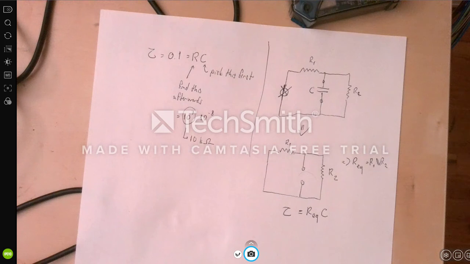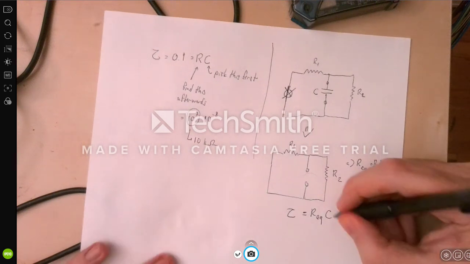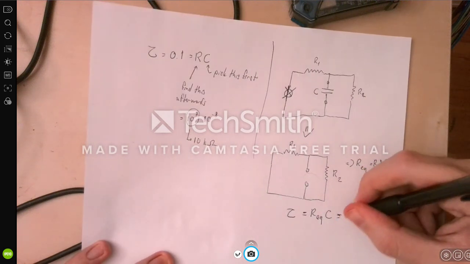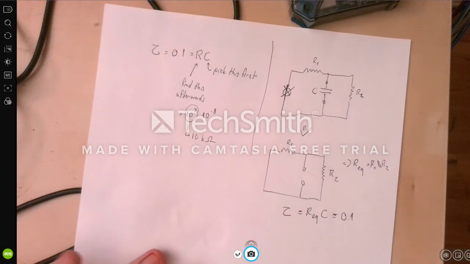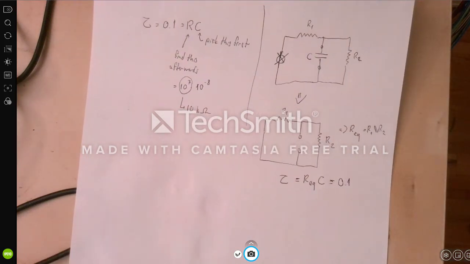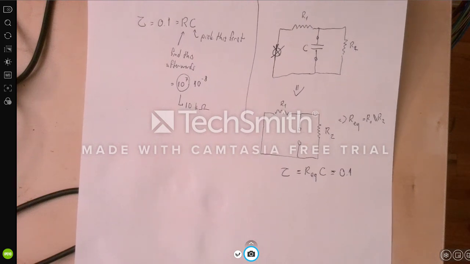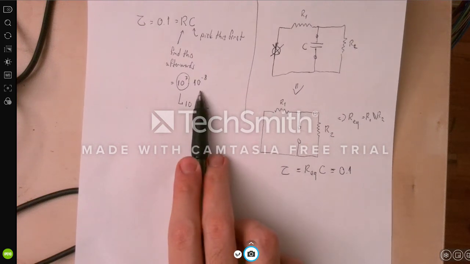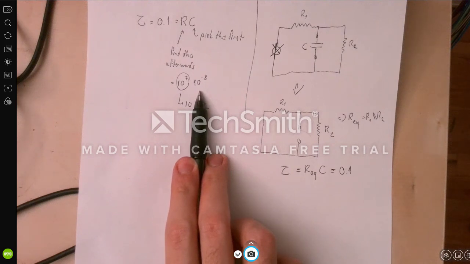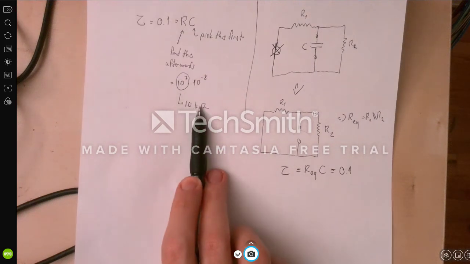times our capacitance. Okay, so the file says that this should be 0.1 as well. In the previous part, we used a capacitor with 0.01 nanofarad and 10 kilo ohm resistor.